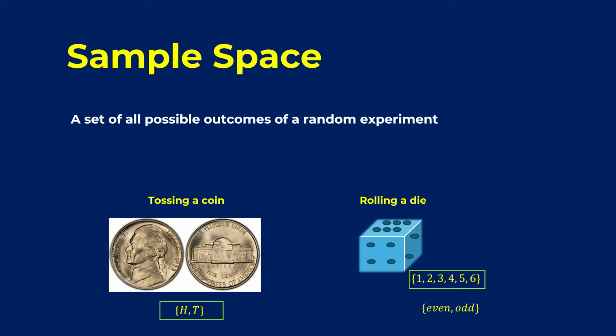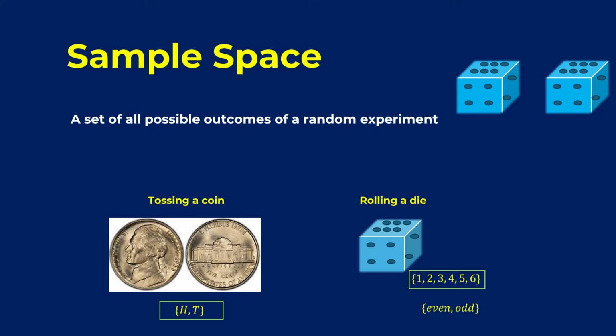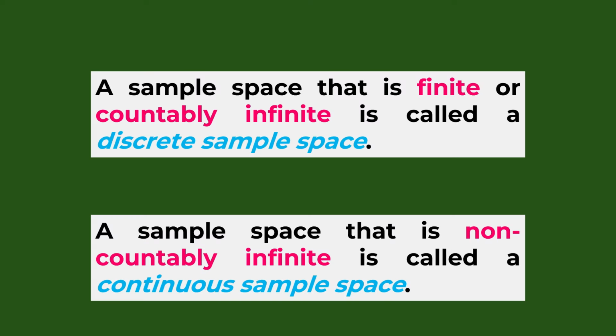Let's see another example. What if we roll a die twice, or we roll two dice together? Then what will be the sample space? In this case, we will have 36 elements in the set.